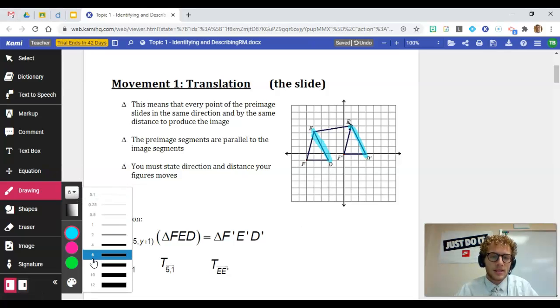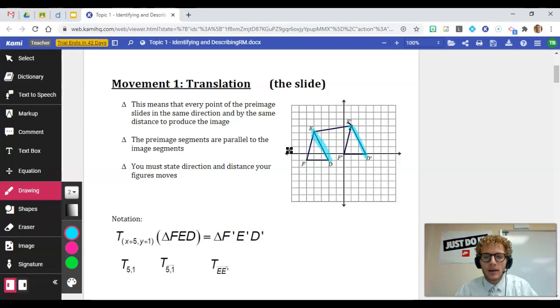The other thing is that you must state the direction and distance that your figure moves. So the way that we do that is by saying the x-coordinate first, how far it moved in the x direction, and then by stating the y direction. So in this case, we had our figure move 5 to the right, so that's plus 5 in the x direction, and then up 1, so plus 1 in the y direction.